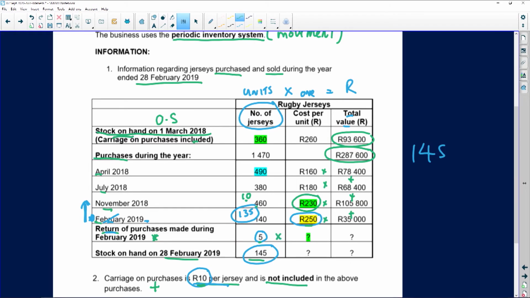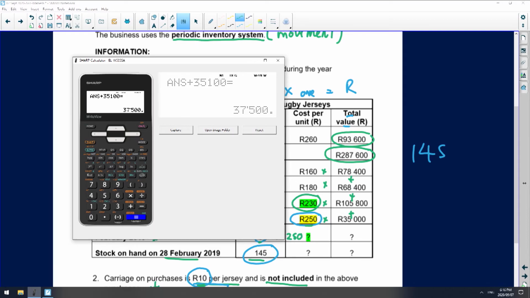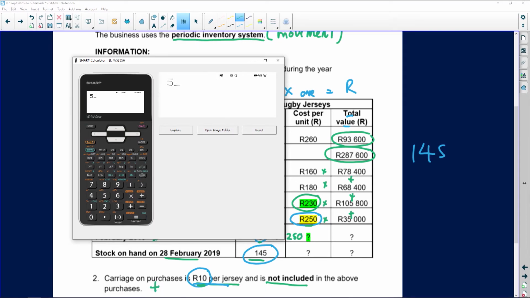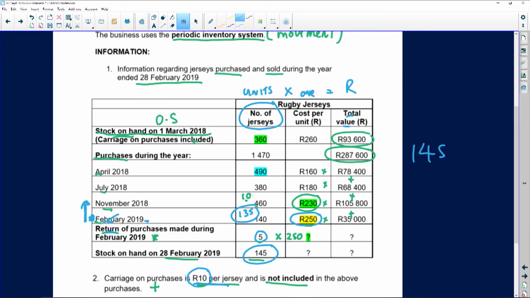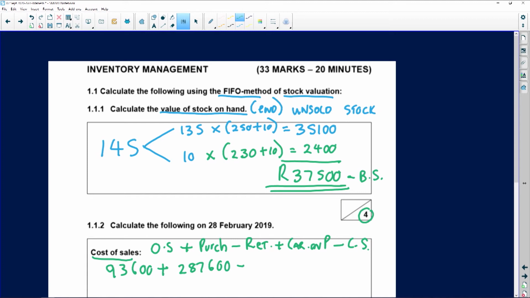So 5 times 250, that should be 1,250, but let me just quickly check. 5 times 250, okay, correct, 1,250. So 1,250 decreases the value of stock that I have available. Okay, so minus 1,250.